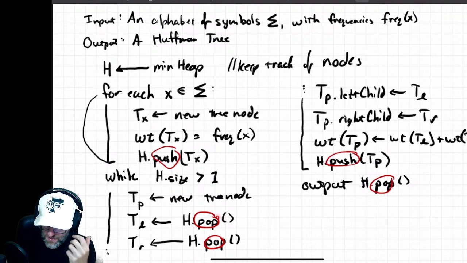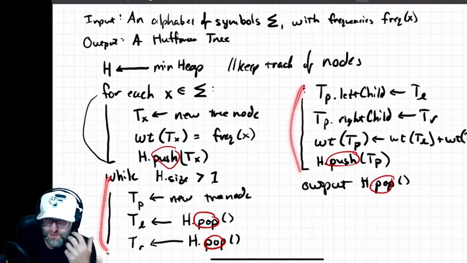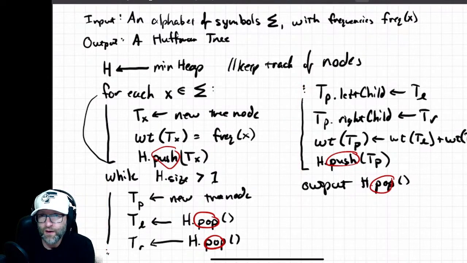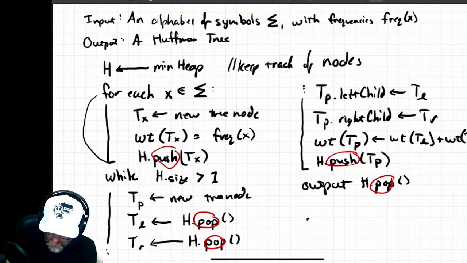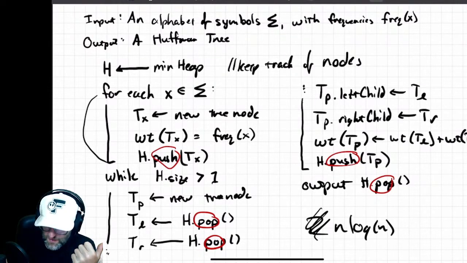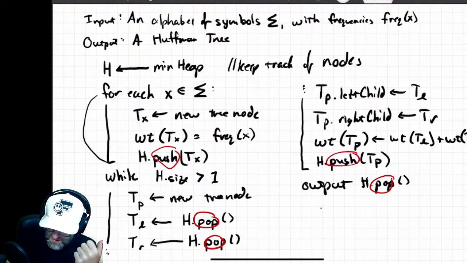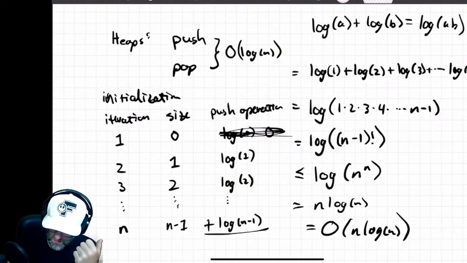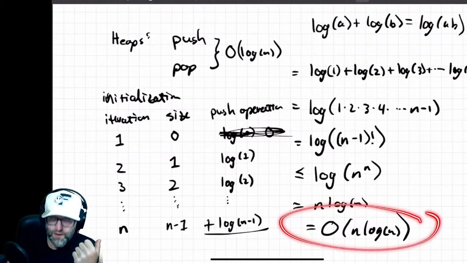Now, granted, we take out 2 items and then we throw something back in, so this second phase is going to be twice as complex. It's going to end up being 2 n log n. But with big O analysis, we ignore constant coefficients, and it basically ends up being order n log n for the entire thing.